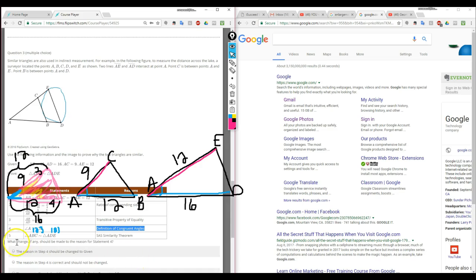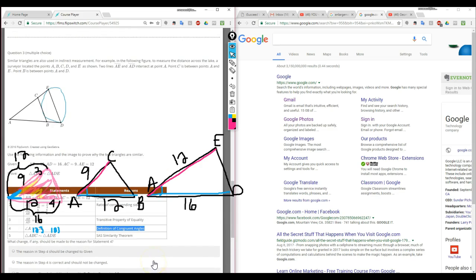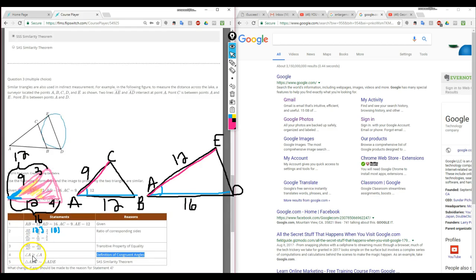All right, what change, if any, should be made to the reason for statement 4? Okay, definition of congruent angles means that they have the same angle measure, which these would, but the statement is angle A is congruent to angle A. That is a reflexive property because it's restated the same angle.